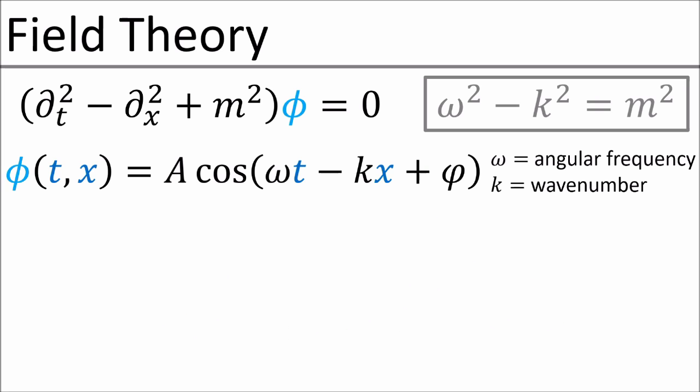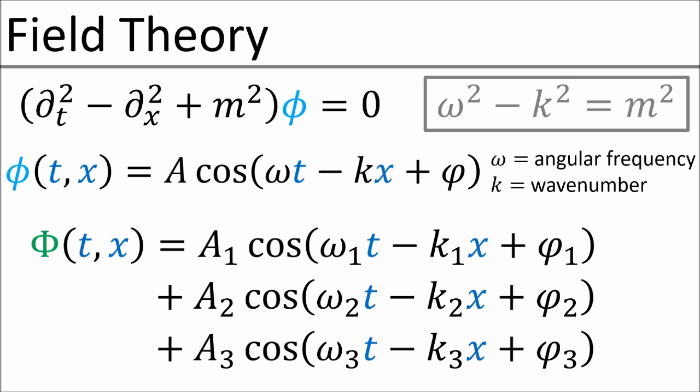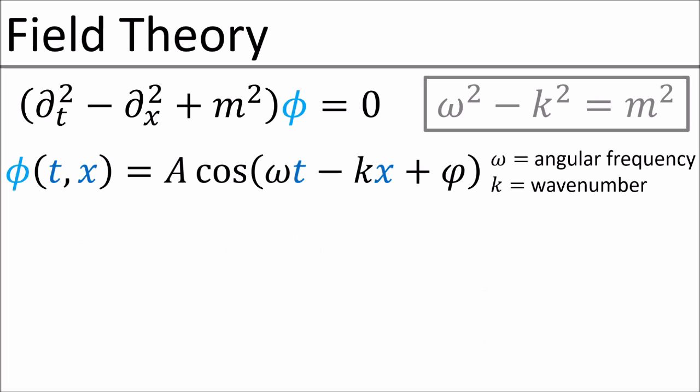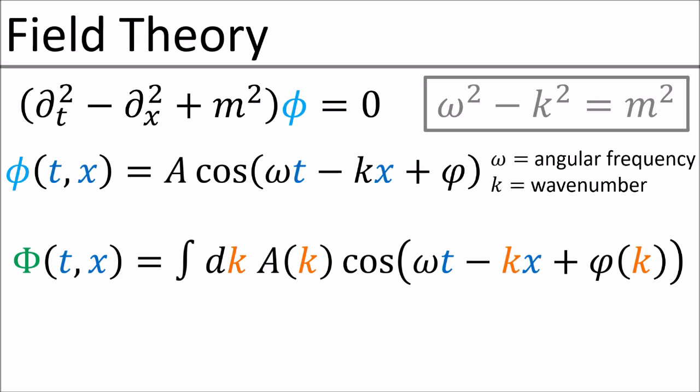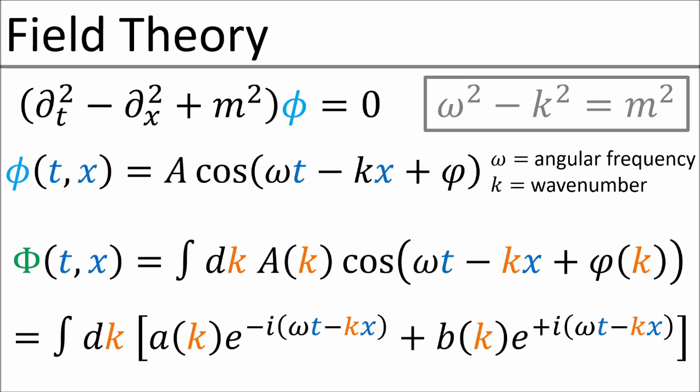We can take any linear combination of these solutions with different wave numbers to get another solution. Although, since the wave number k is a continuous variable, the most general linear combination is done with an integral over k. It's also common to write these basic solution modes using complex exponentials instead of sinusoids.